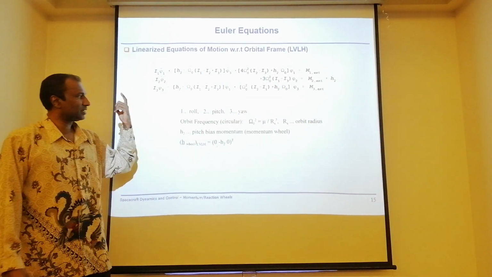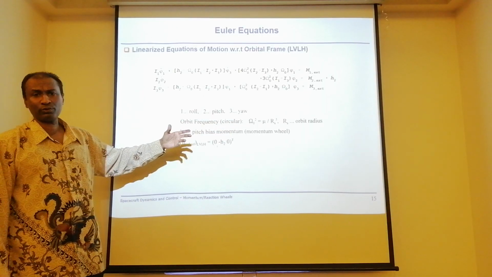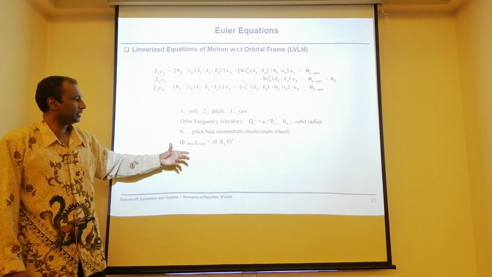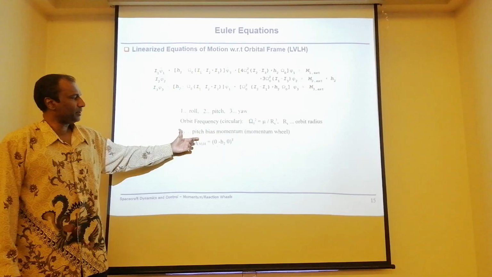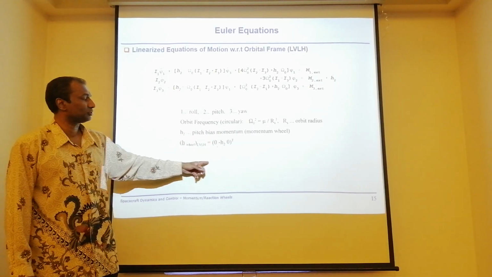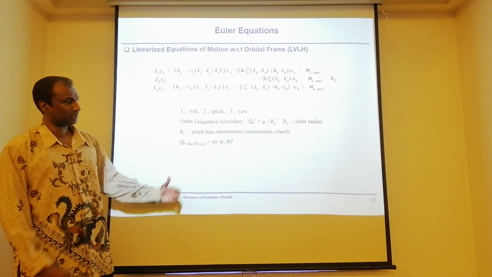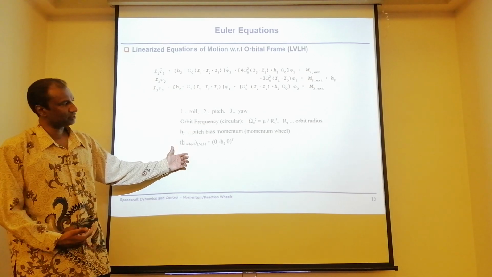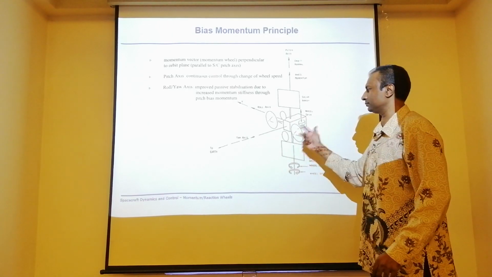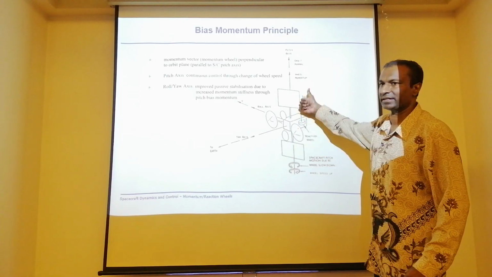So, how is this called? Again, same convention I use. Roll, pitch, yaw, orbital frequency. We have done this in orbital mechanics. They are the same. The pitch. Okay, pitch bias momentum. Now, again, don't forget, for local vertical, local horizontal, the bias momentum, because you are rotating, when you are rotating this way, your bias momentum is basically in this direction, the vector.